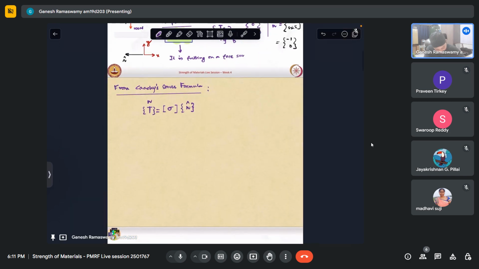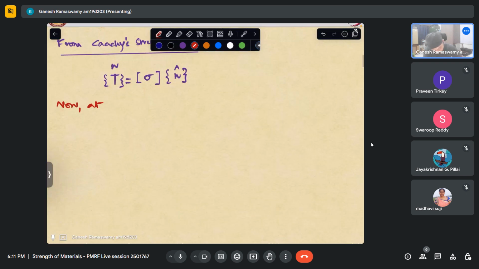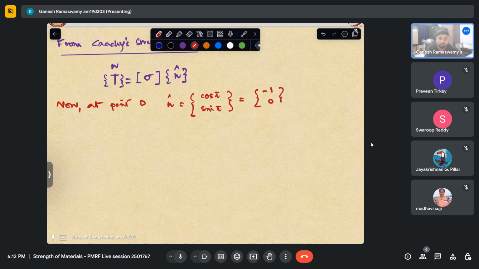So now for this plane at point D, I have n as cos pi, sin pi, which is nothing but -1, 0. So this I already know. My idea is to find the traction vector.